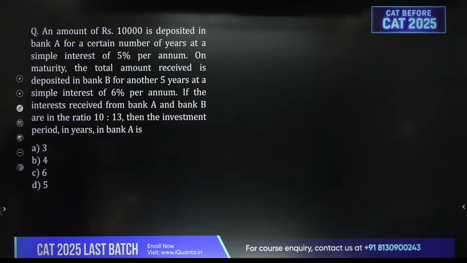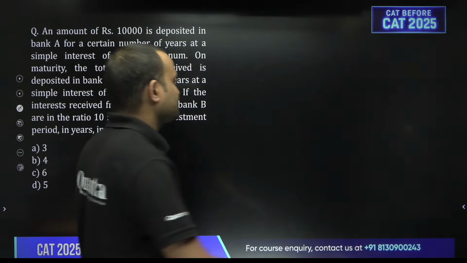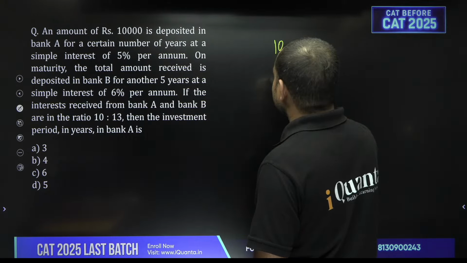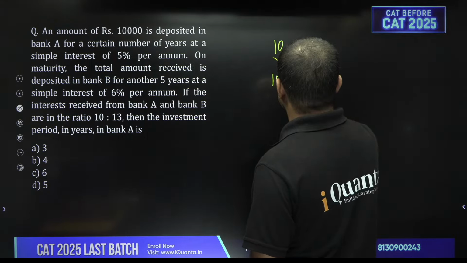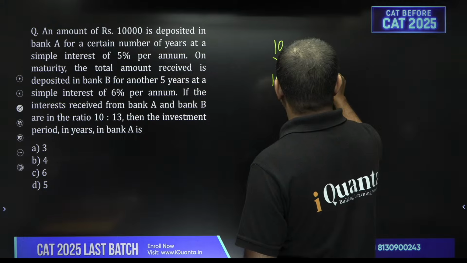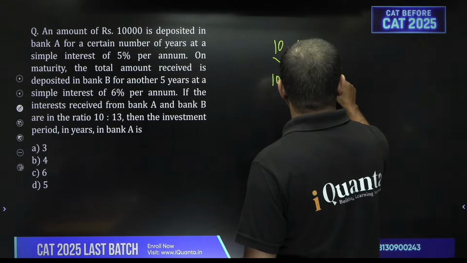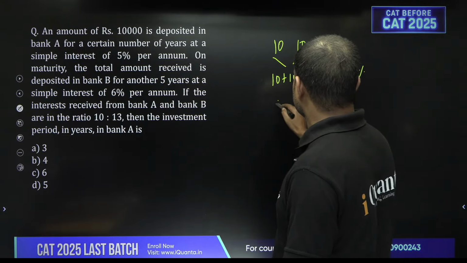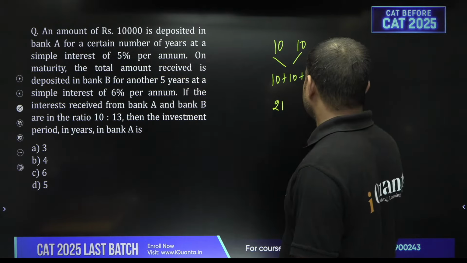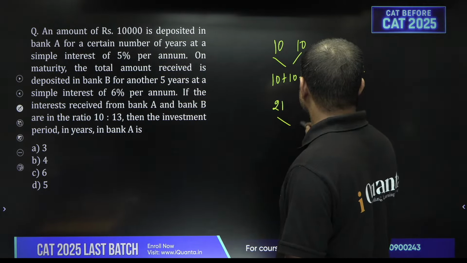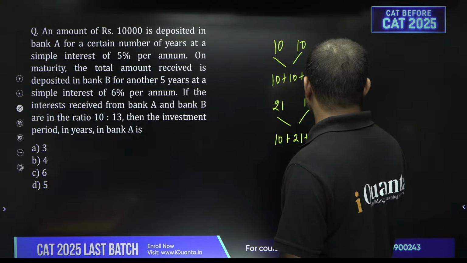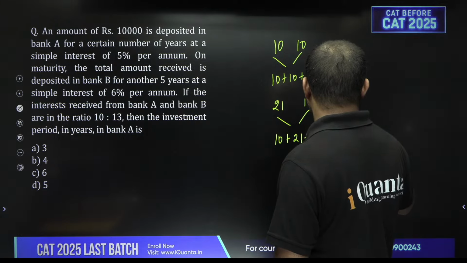How did you calculate these percentages? Shreyans, for 2 years you can take the successive of 10 and 10, right? 10 and 10 successive is 10 plus 10 plus 10 into 10 upon 100, which is equal to 21%. For the 3 years, take the successive of these two, it will be 10 plus 21 plus 10 into 21 upon 100, which will be equal to 33.1%.